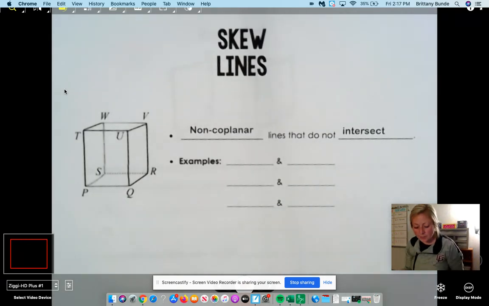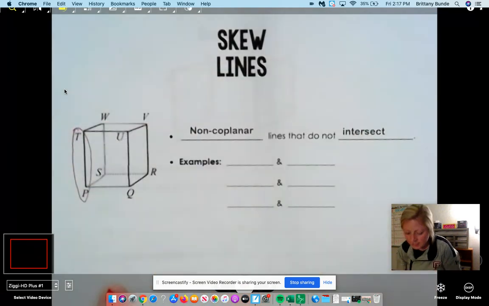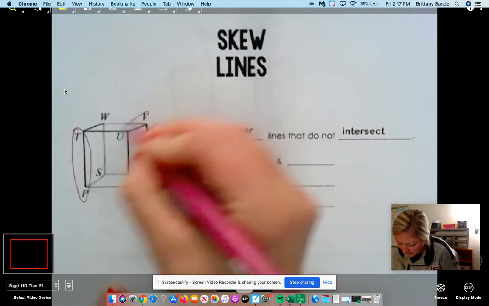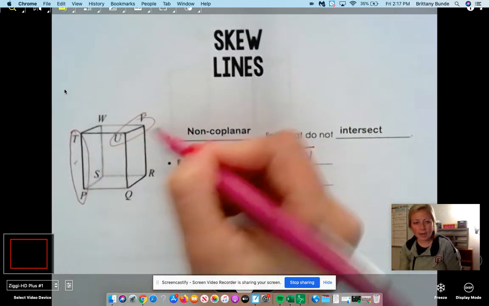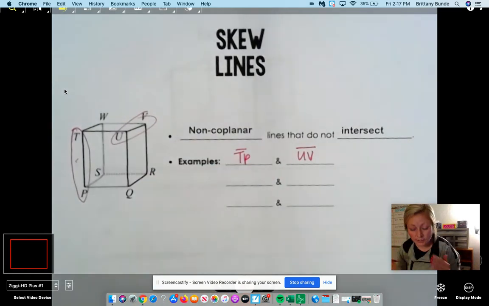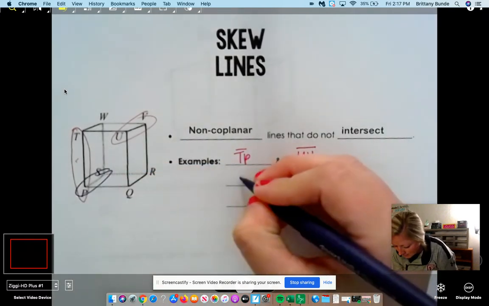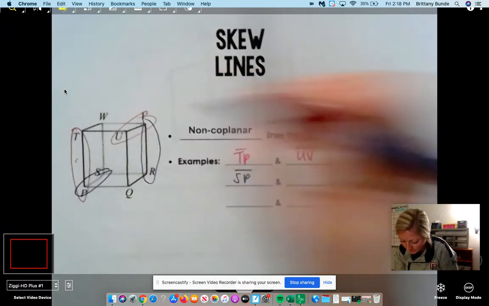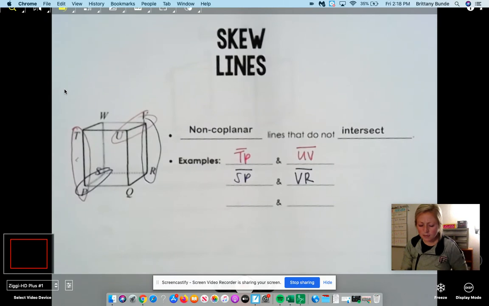So some examples. We could have TP and UV. That would be one. Do you guys see how they're on opposite planes and they do not intersect? We could do SP and VR, because I'm just making this up. There's many options you could do.